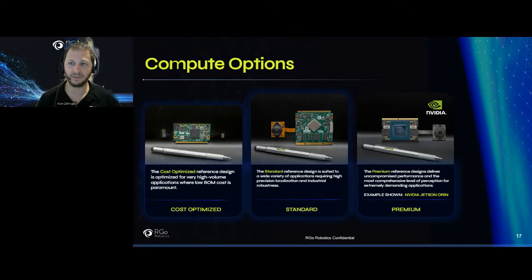So even if you're a vacuum cleaner manufacturer, such as iRobot, etc., or lawnmower robotics, for affordable products, the RGo Perception Engine stack and algorithms can even run on a very cost-optimized compute, which gives you a bill of materials of roughly 50, 60 bucks, that cheap. In the center, you can find our standard CPU and compute option.